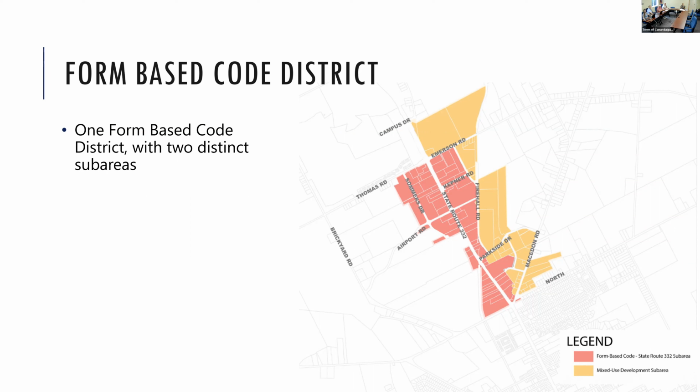There are some subtle differences in regulations between those 2 sub-areas, but a lot of the regulations are consistent between them, which is why the latter 3 sections of the code are broken into regulations applicable to both areas, and then specific regulations for the area in red, which is focused on the 332 corridor, and regulations for that yellowy orange color, which we're calling the mixed use sub-area.